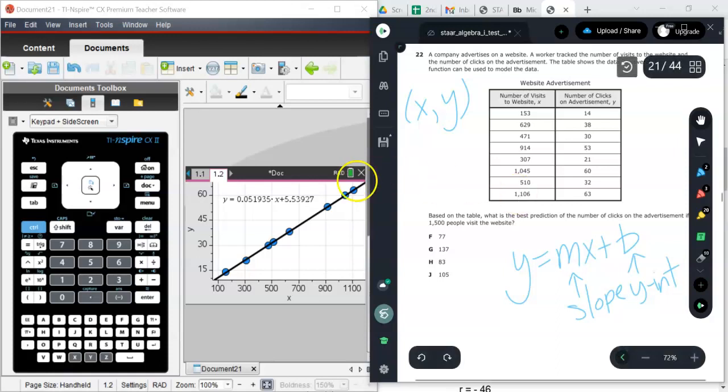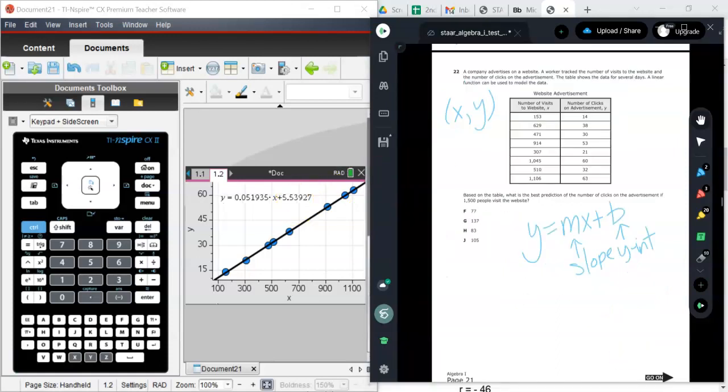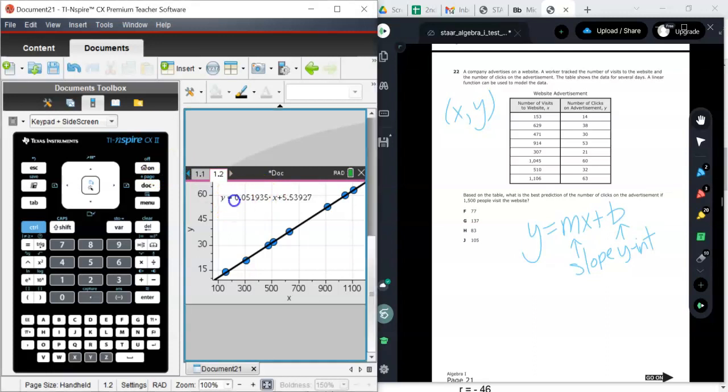Well, let's look at the equation you just figured. So I'm going to take this equation that I have right here, and I'm going to write it down over here.